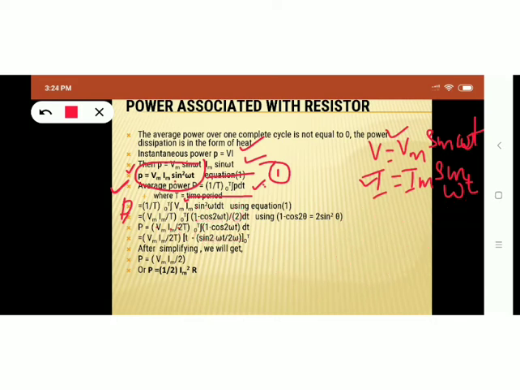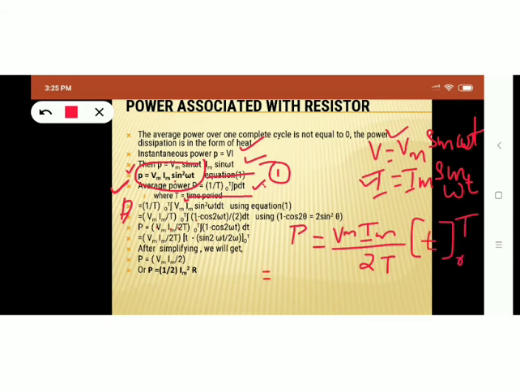Okay. So in the expression for average power, you are left with P equal to Vm Im by 2T into T. That means the integral of 1 dt is t, then apply the limit.